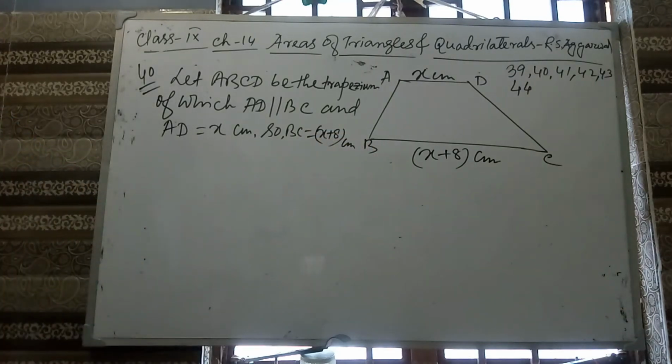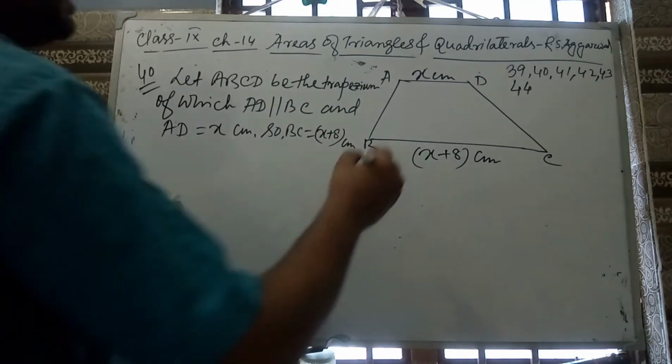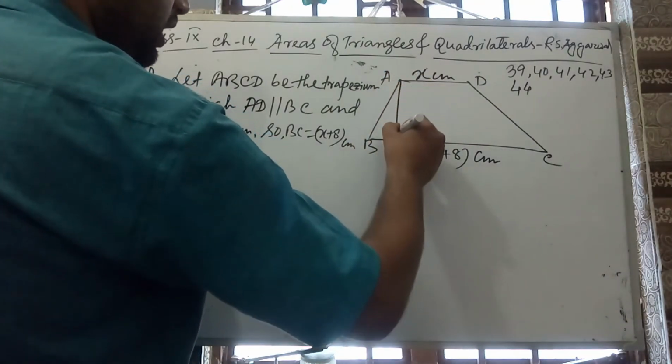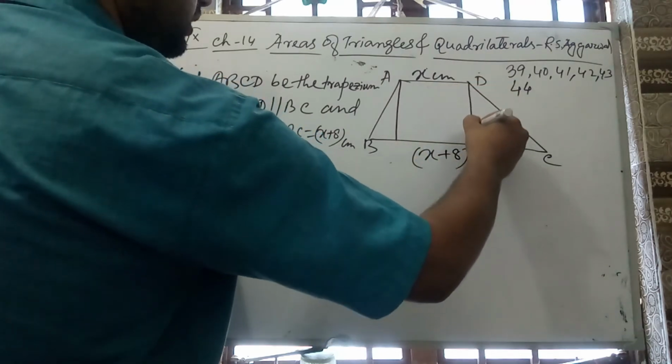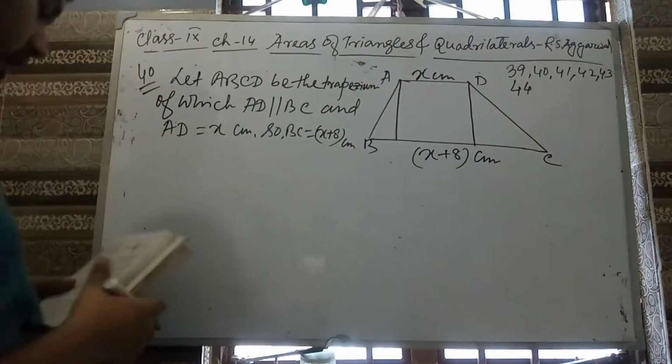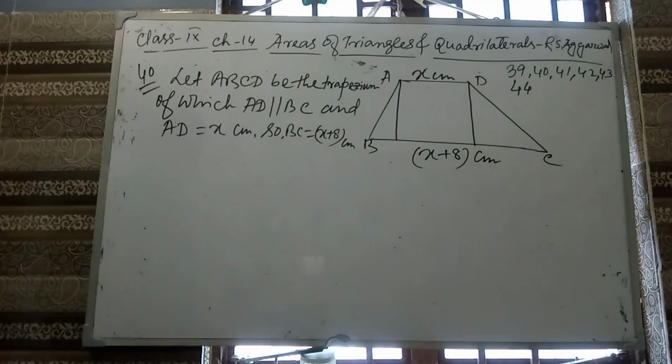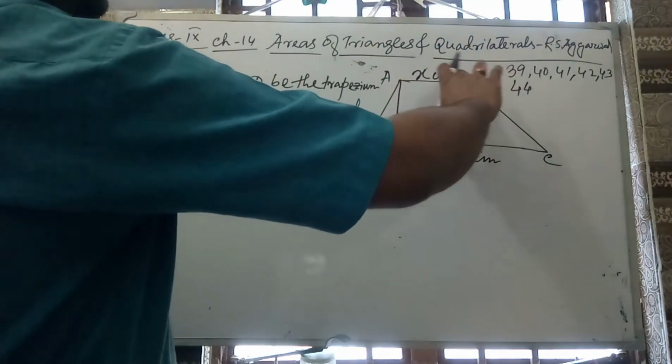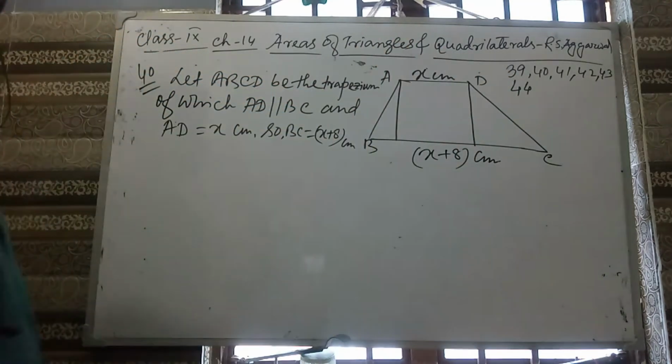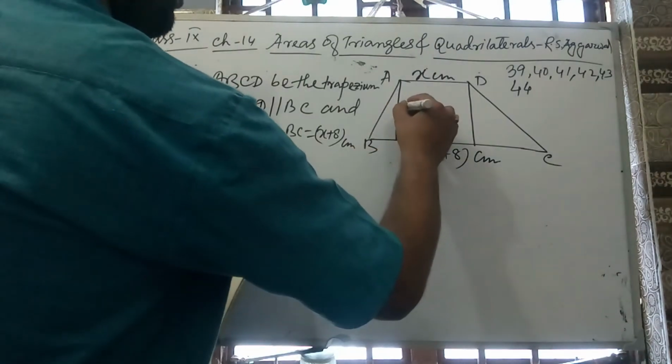Again, what is given? The distance between these two sides. Distance means always perpendicular distance. That means this one or this one, both of them are perpendicular distance. This distance is the height of the trapezium. So this is given 24 centimeter.